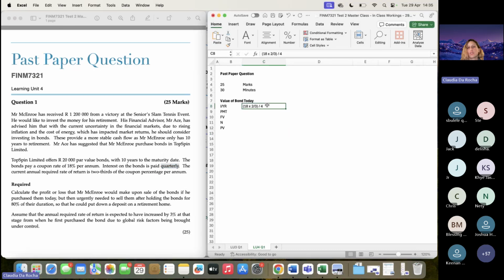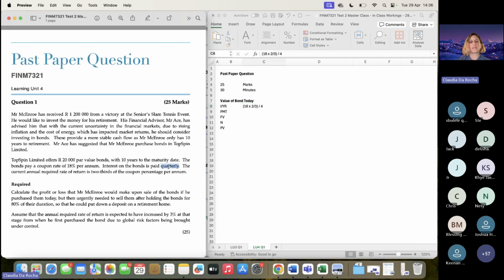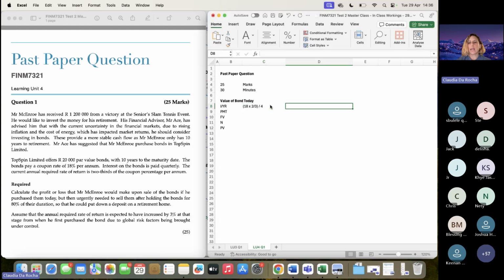Remember I said to you, I prefer not to use the period per year on your calculator. I want to divide the interest per year by the compounding period. The compounding period, or the M, is 4 because it says paid quarterly. Okay, so if I calculate that, okay, so it's 3%. That's the answer that I get.